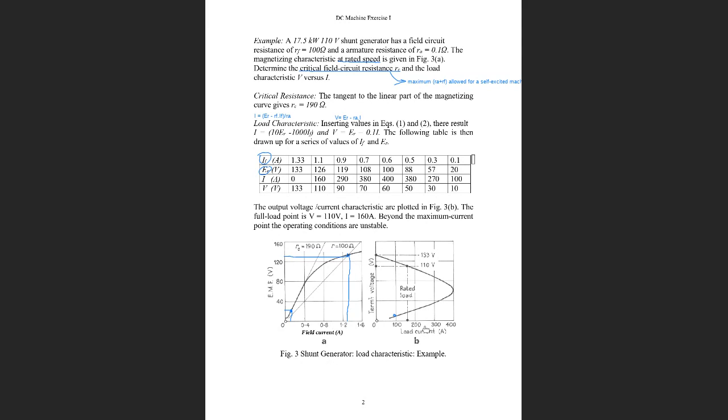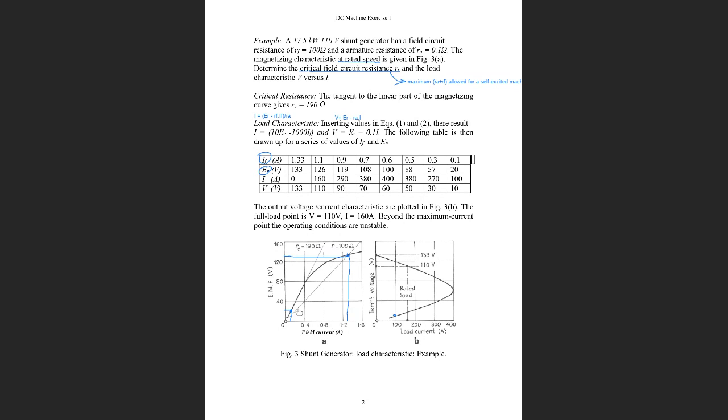These two figures show the general characteristics of self-excited generators. The solid line curve on the left side usually represents a typical excitation curve, the relationship between the field current and the internal generated voltage.